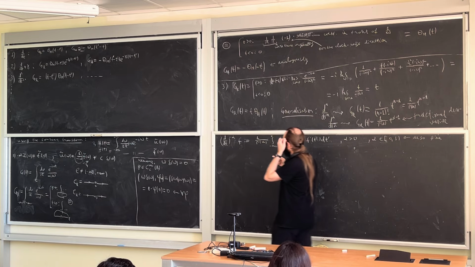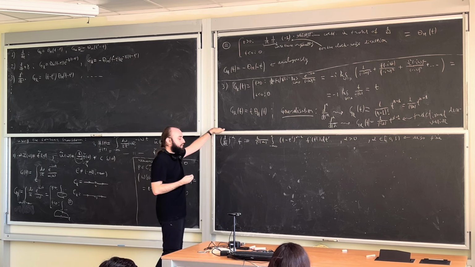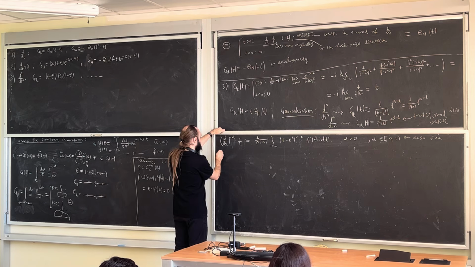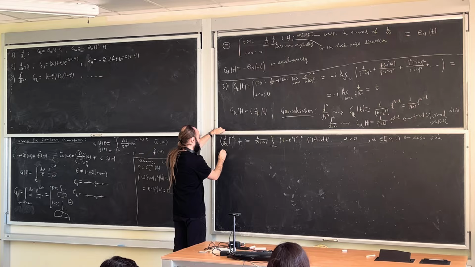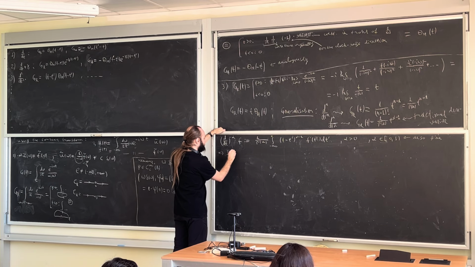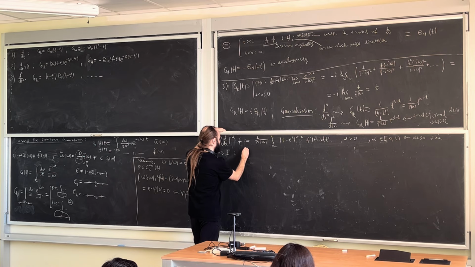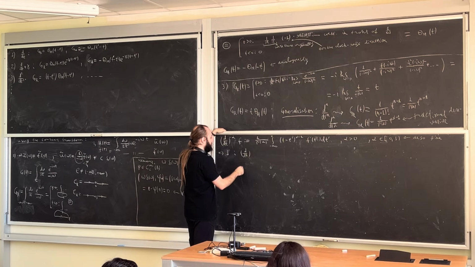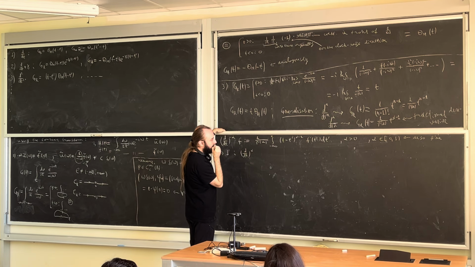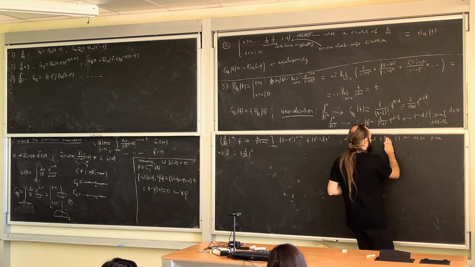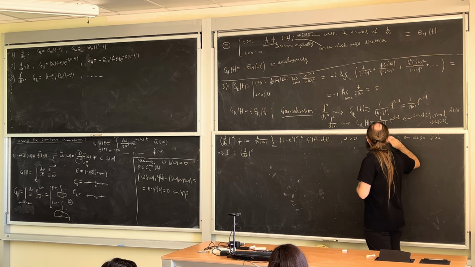And if we consider positive alpha, so if alpha is greater or equal than 1, we can define that d over dt to some, no, sorry, what did I write?